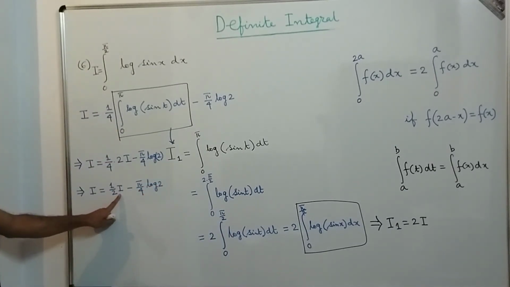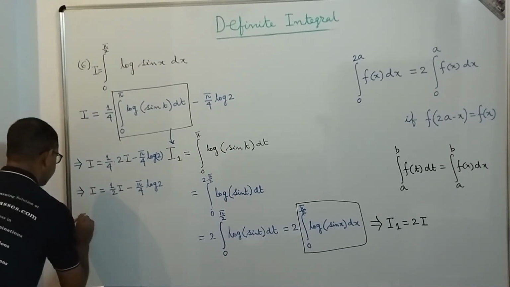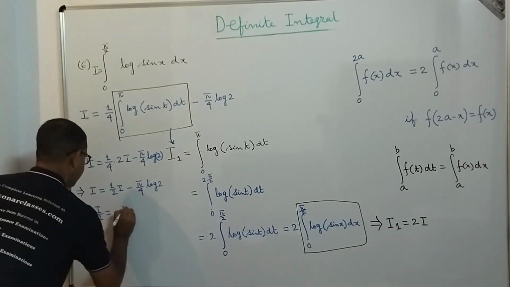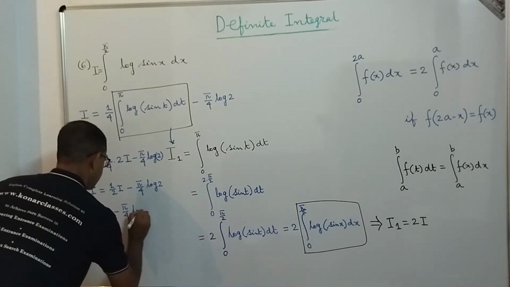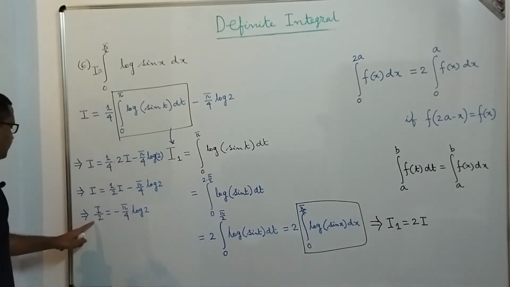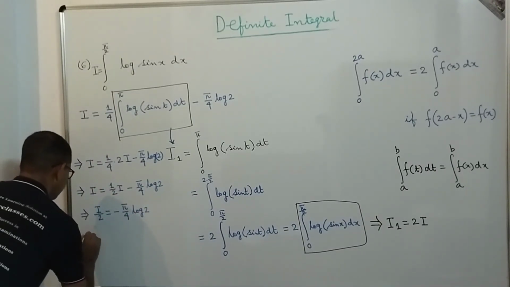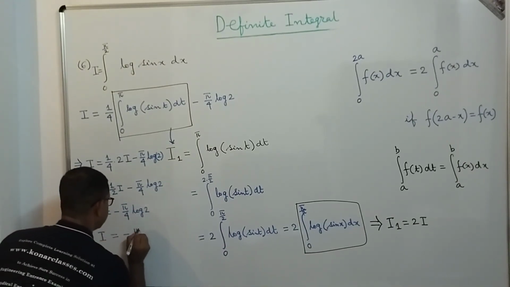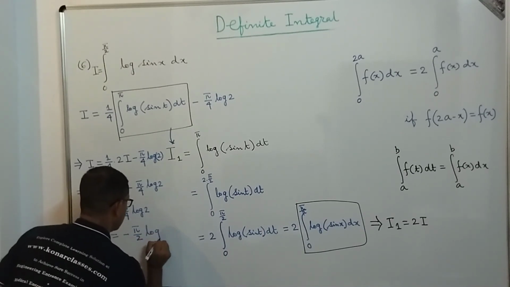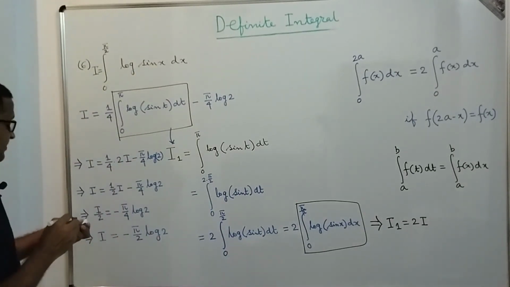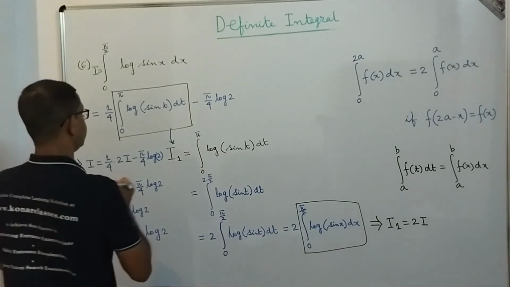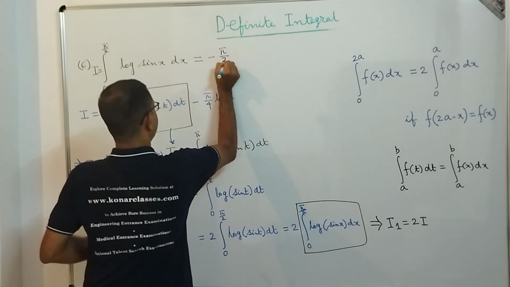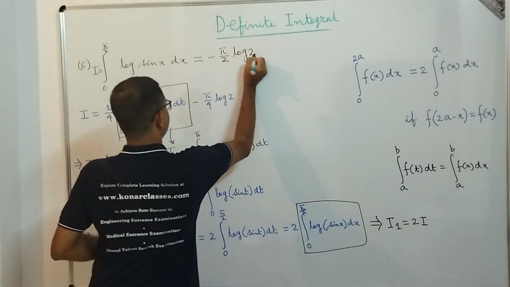Now this I/2 we can bring here. So I minus I/2 becomes I/2. I/2 is equal to minus pi/4 log 2. That means I is equal to minus pi/2 log 2. And this is the value of the given integration.